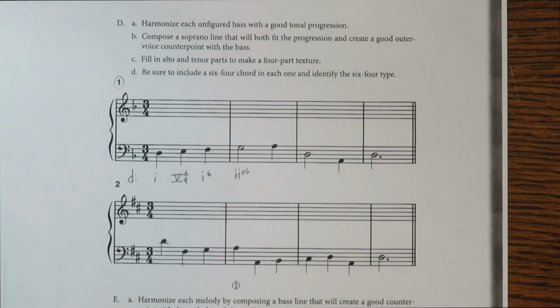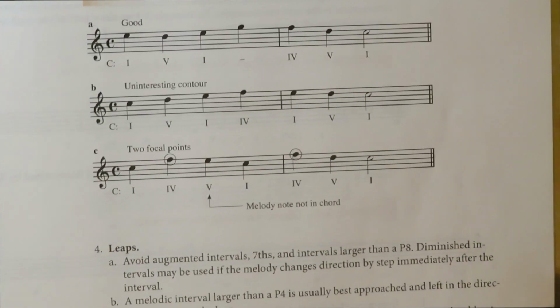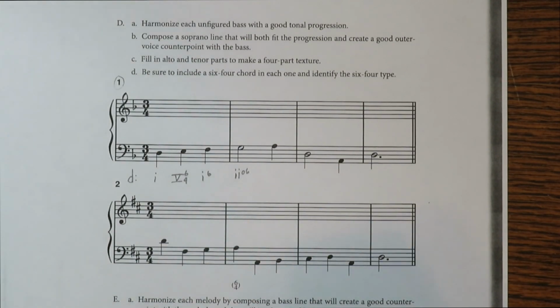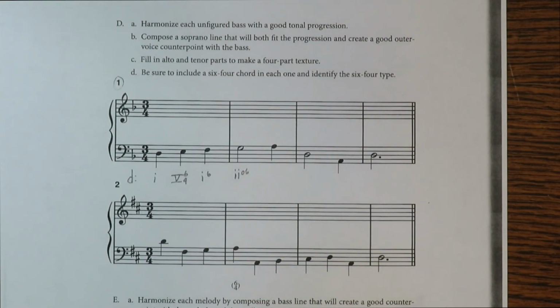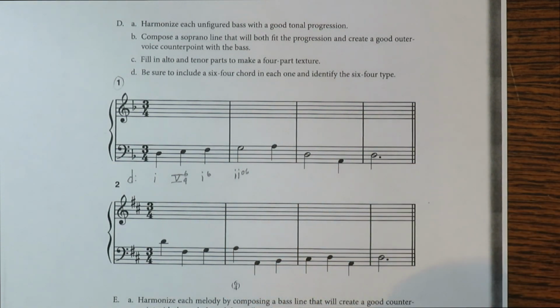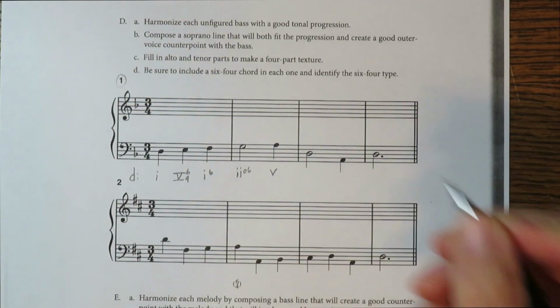And when it comes to leaps, the very first thing it says in the book, avoid augmented intervals. Okay, so I ran into some problems there trying to resolve these 2 chords, and the only way I could do it was to make the 5 chord minor. So I made it minor.